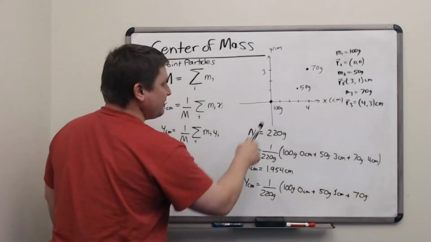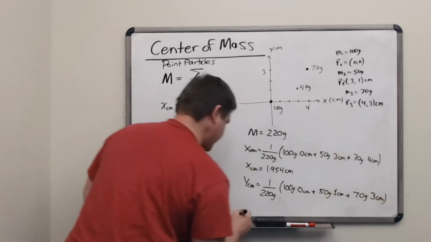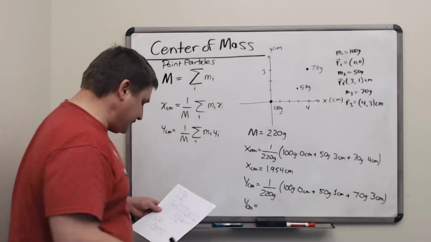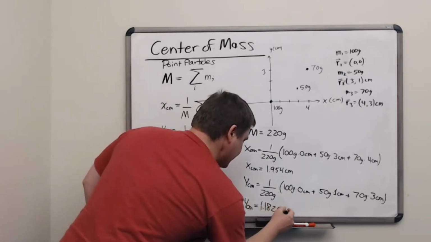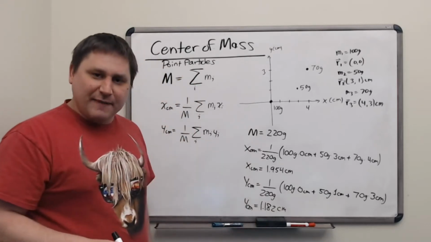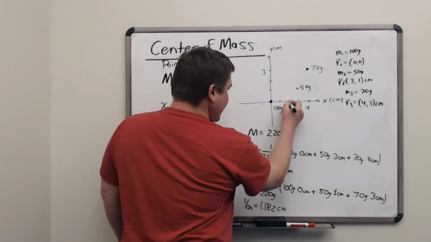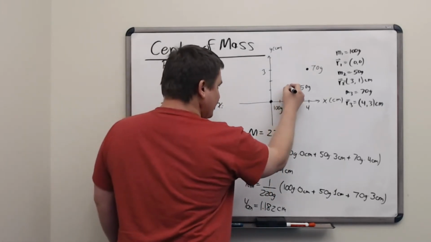And the y-coordinate of mass 3 is 3 centimeters. The result of this calculation is 1.182 centimeters. So the center of mass of this collection of 3 objects is at 1.954 in x and 1.182 in y.